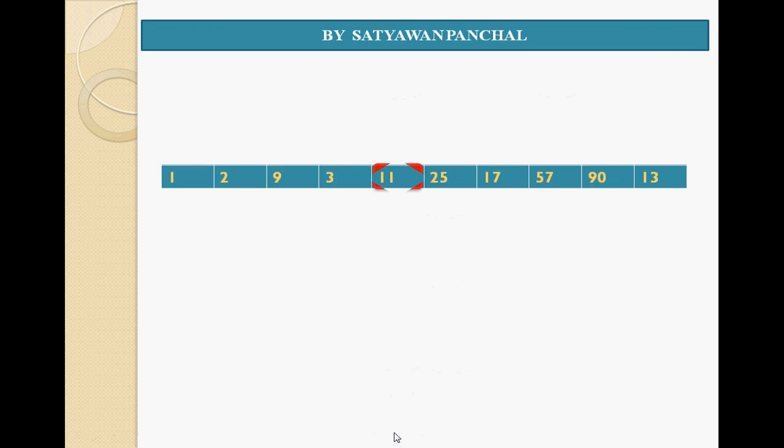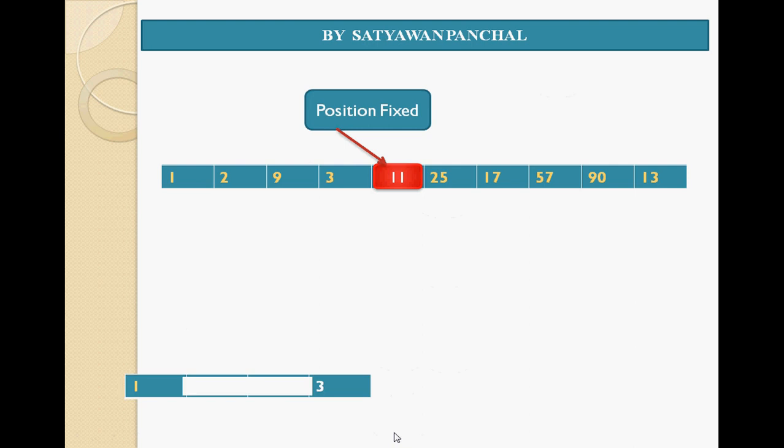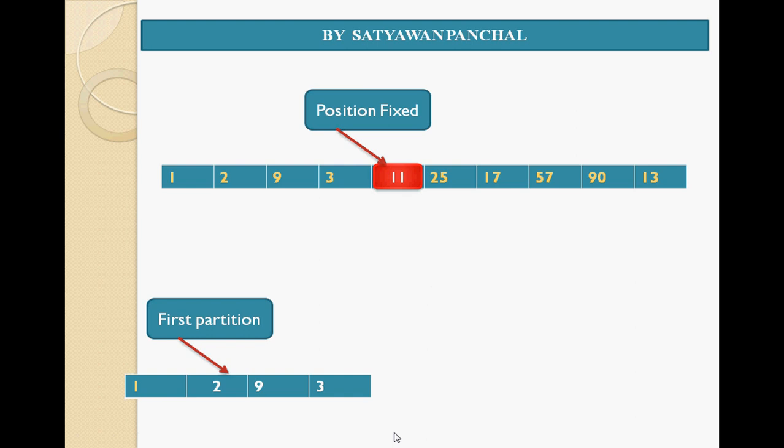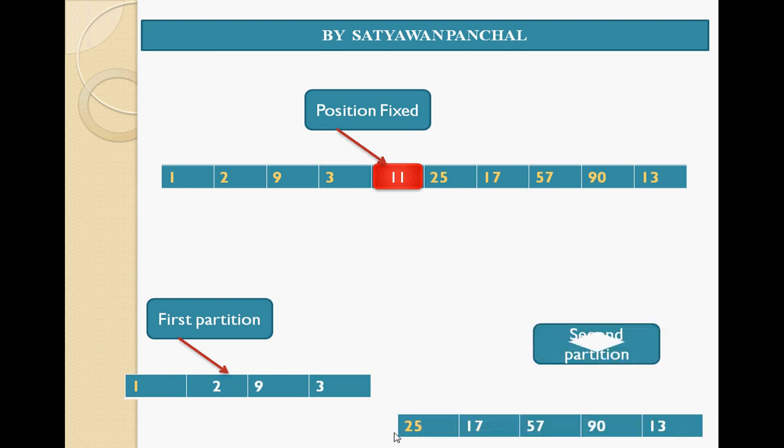Now you can see here that all the elements that are smaller than 11 are on the left side of 11, and its position is fixed. The first partition is all the elements on the left side, and it is taken to be an individual array, and the second partition is taken as an individual array.